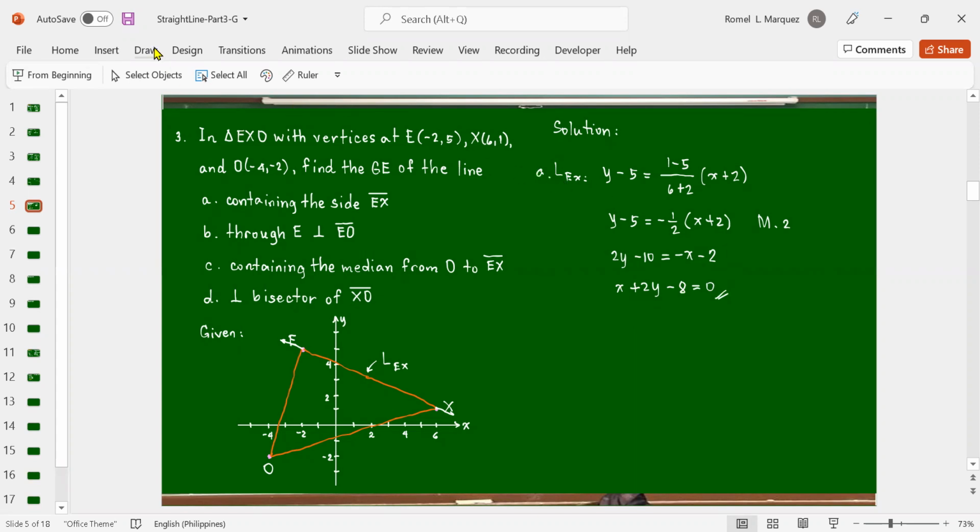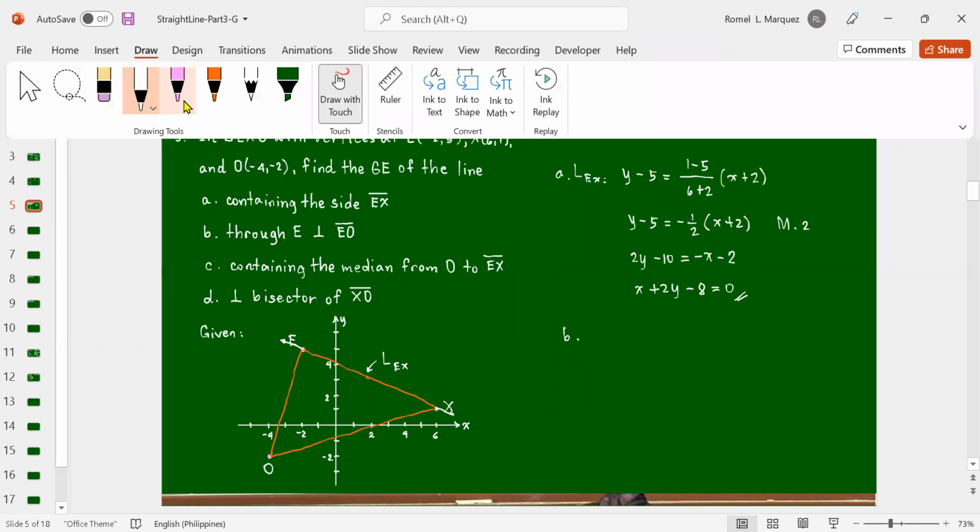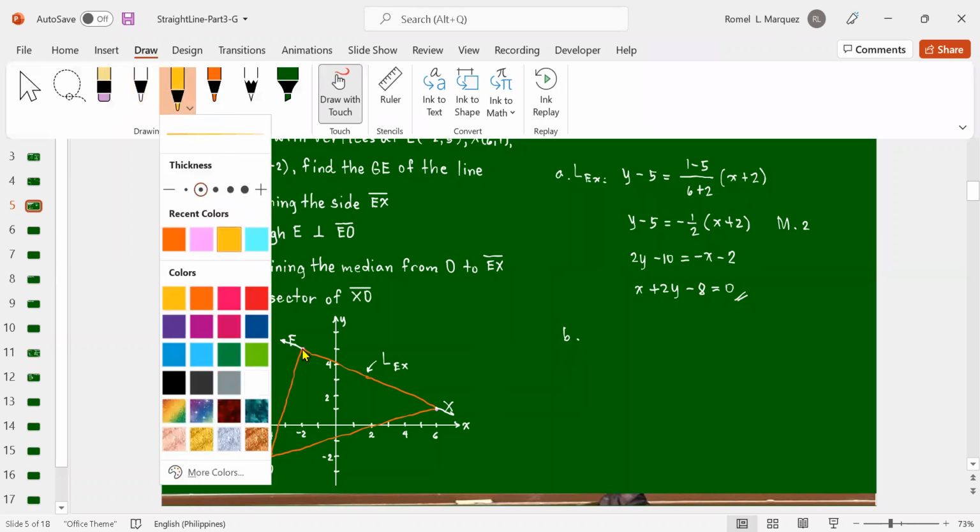Okay, guys? Letter B. For letter B, through E perpendicular to the segment or the side EO. So how are we going to draw that line?